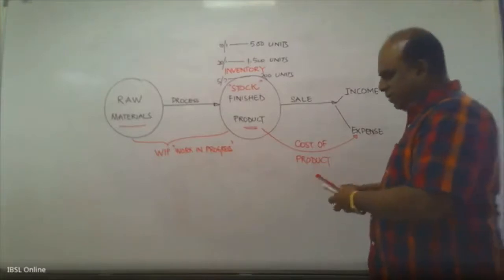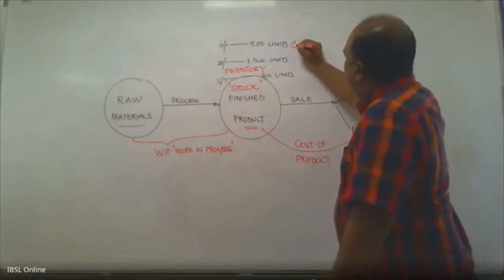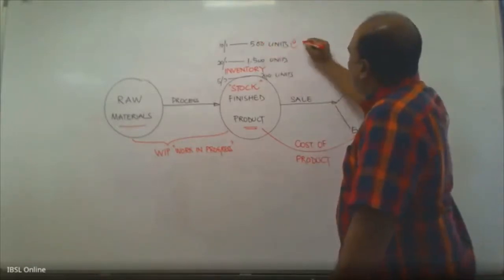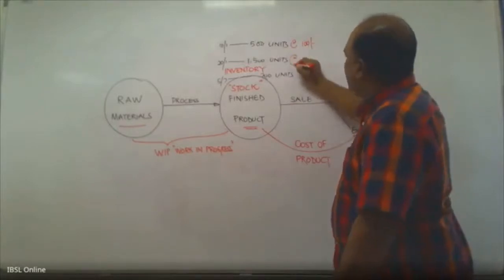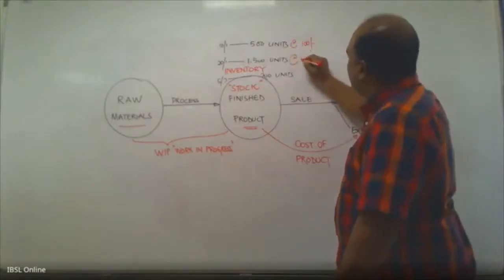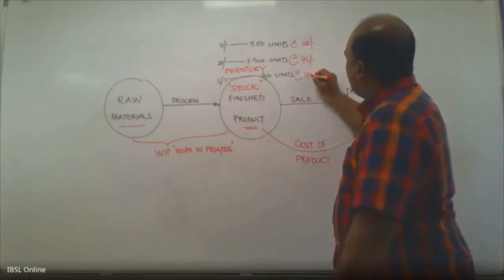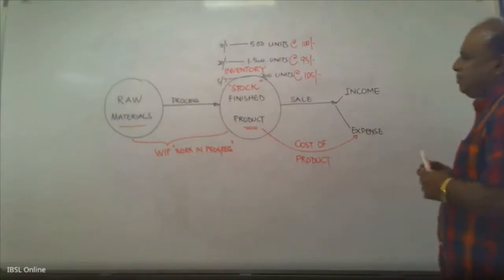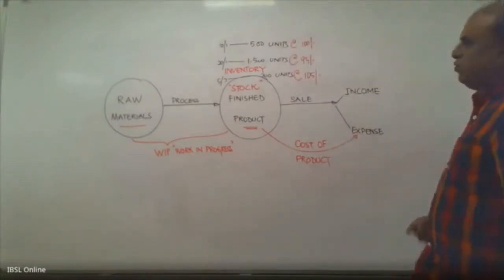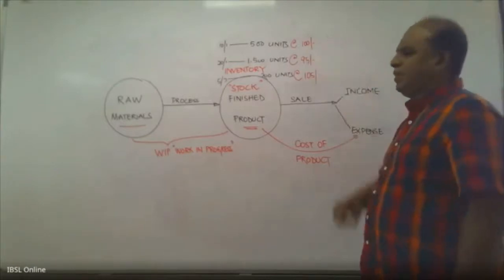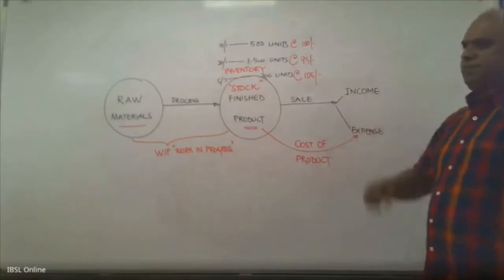Now, each of these products, let's say, will have a cost. For producing this, I have spent 100 rupees. I'm just taking per unit 100 rupees. For this, I have spent 95. For this, I have spent 105. Just for example, producing these stocks, I have these values per unit.